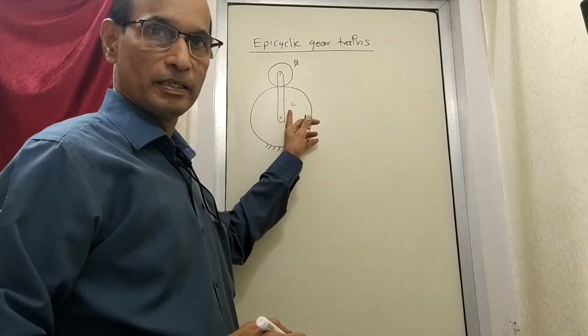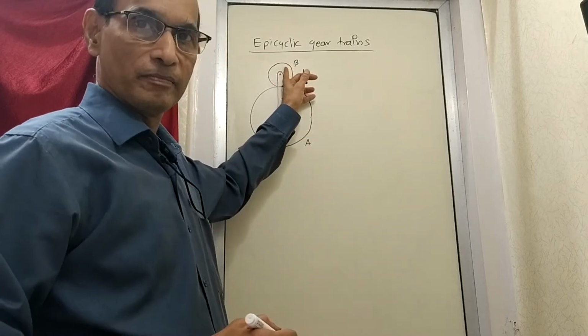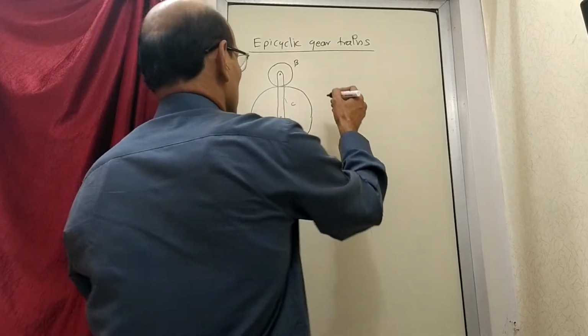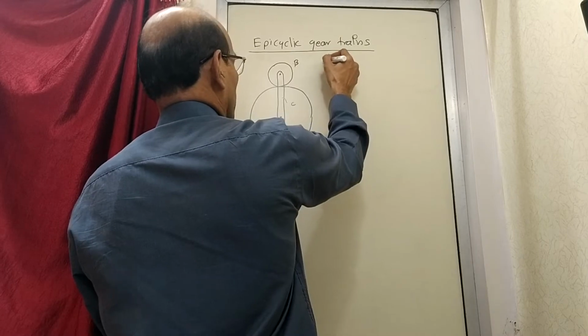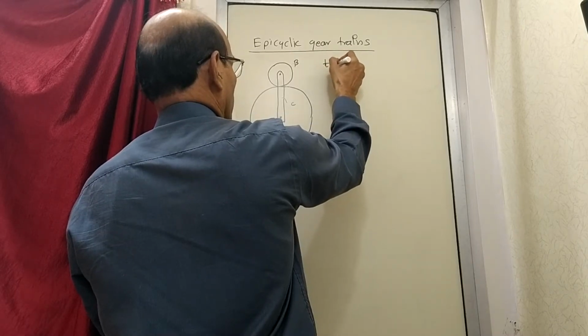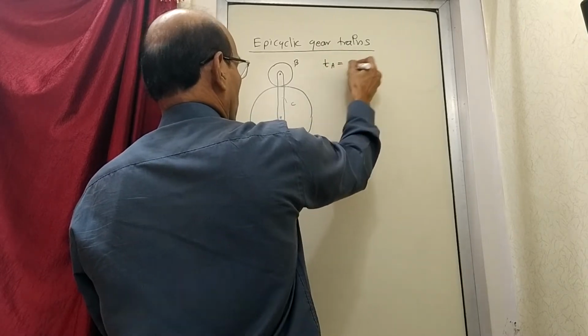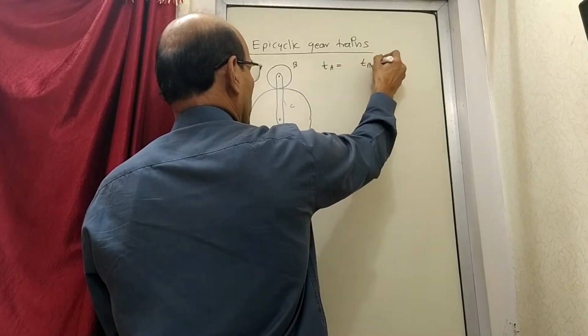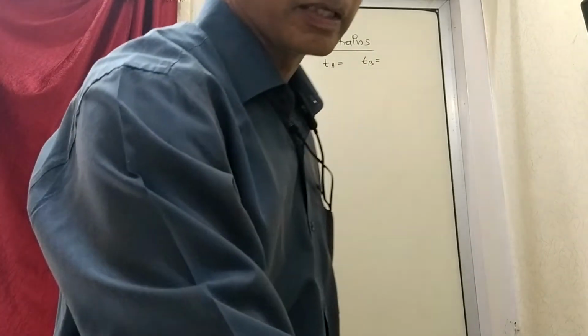The arm is C here, and then there is gear B. And in the question, let us say the data says that the number of teeth on A and the number of teeth on B are given to us.